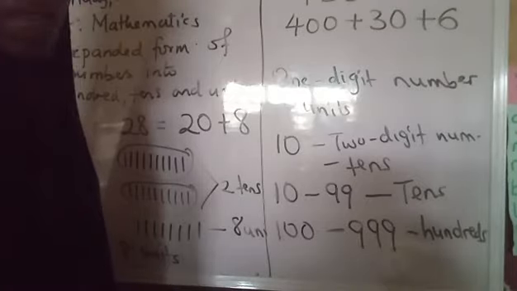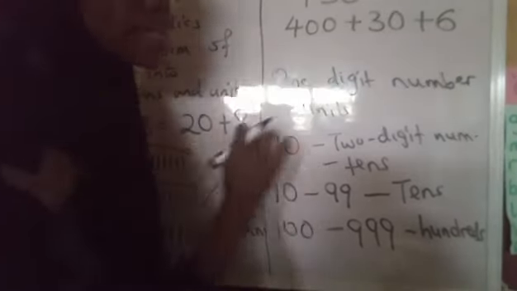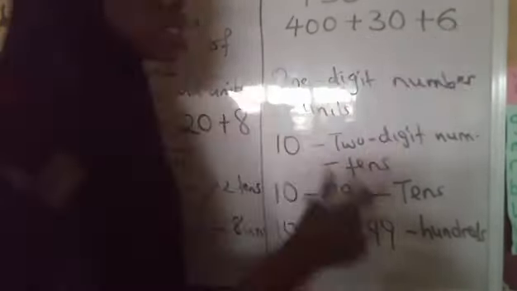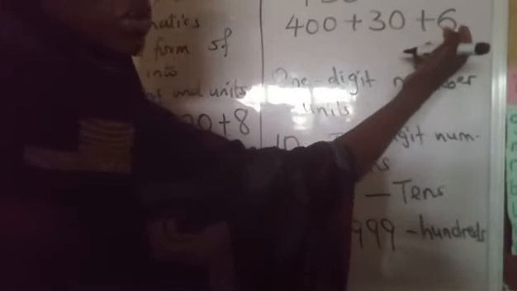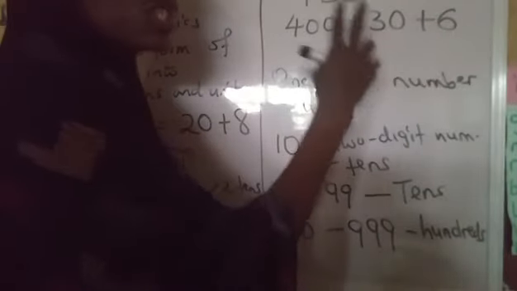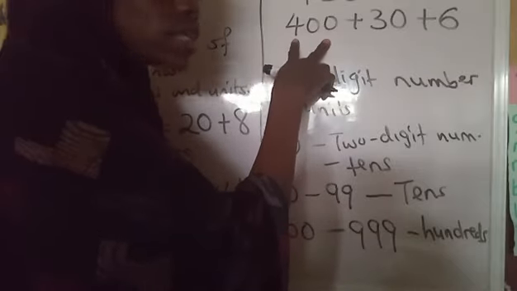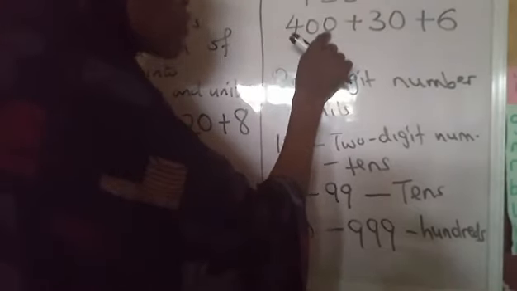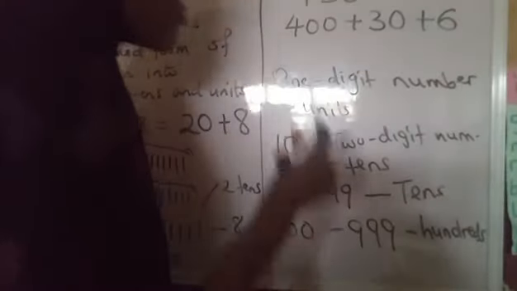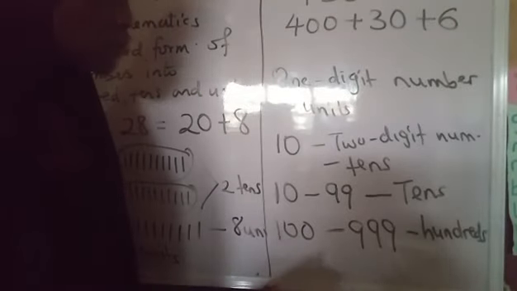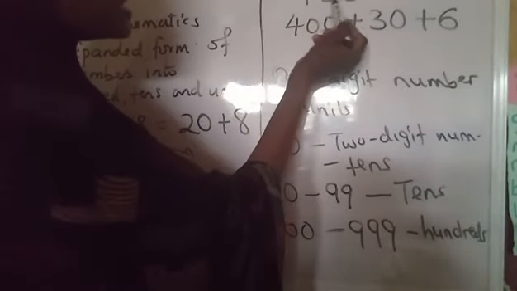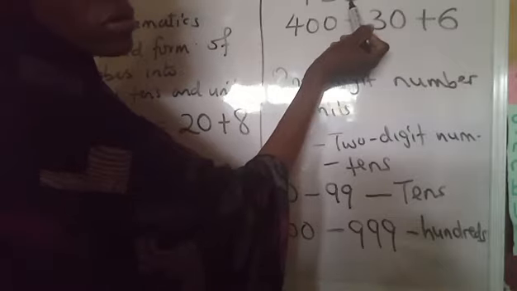And what? 30 and 6. 436. Now, if you look at the 6, you can see it is a one-digit number. If you look at the 30, it is a two-digit number. And if you look at the 400, it is how many digits? 1, 2, 3. So when we form it together, you find out that by the time you're writing it in, it is a 3-digit number.